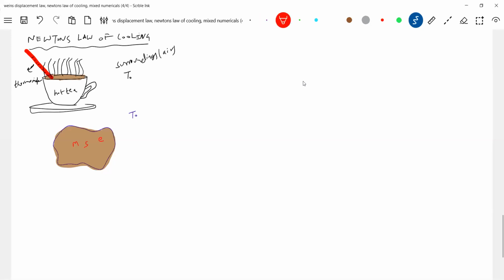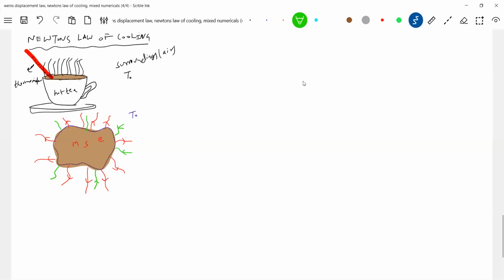So what actually happens? It will radiate, it will emit. At the same time, it will also be absorbing.